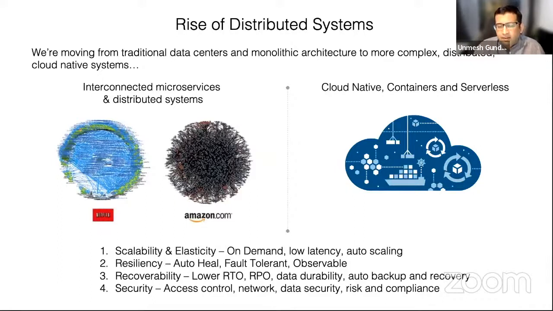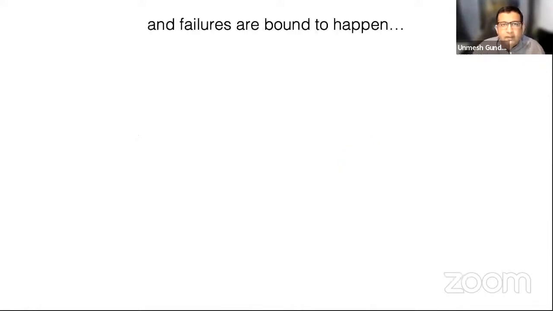The new cloud native platforms provide you a lot of observability, recoverability with lower RTO, RPO, data durability, and security, with, let's say, access control, network or data security, and risk compliance. So a lot of features are offered by today's cloud vendors and some of the container technologies, which is helping drive this transformation. But while all this is happening, there are failures that are bound to happen.